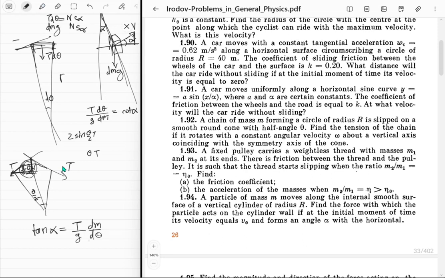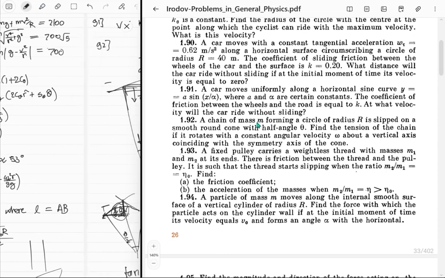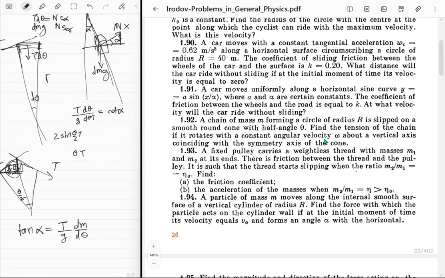The chain has mass small m and radius capital R, so dm will be d theta upon 2 pi, the fraction of the ring, times small m. So this will be m upon 2 pi, where T is of course the tension.